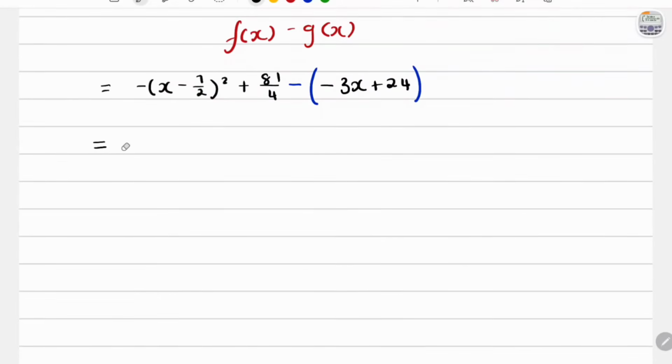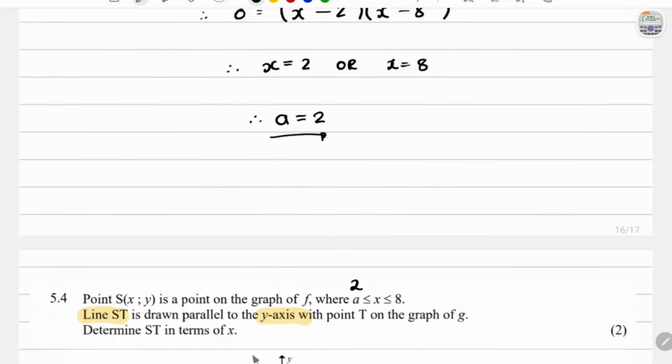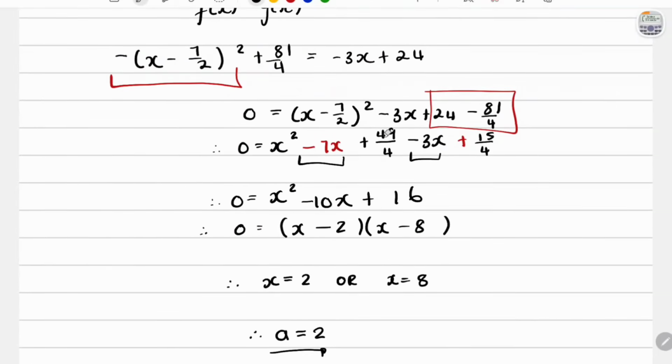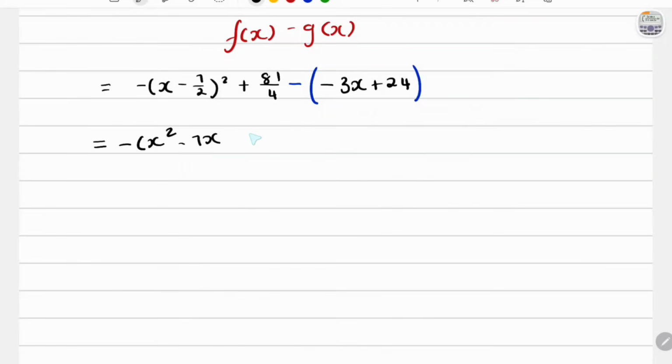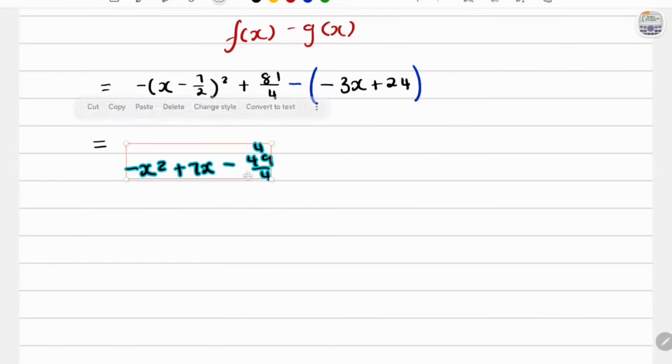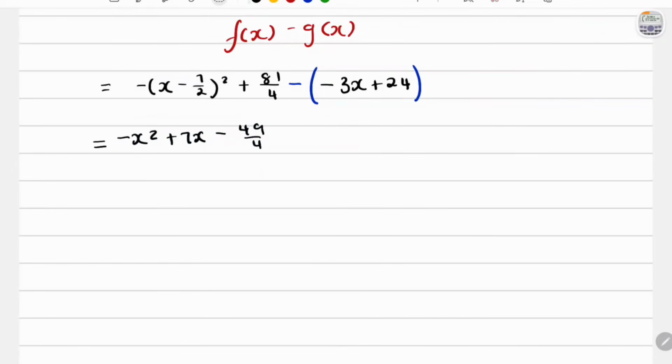So we're going to have our negative and then x squared minus 7x plus 49 over 4, and then that is going to distribute in. So if it distributes in, you get negative x squared plus 7x minus 49 over 4. So that's what actually happens when that little part simplifies.